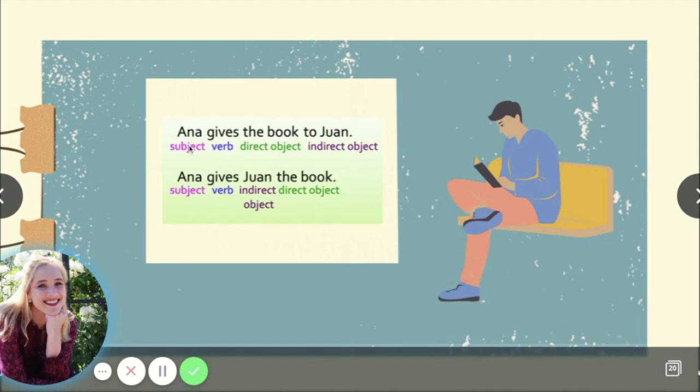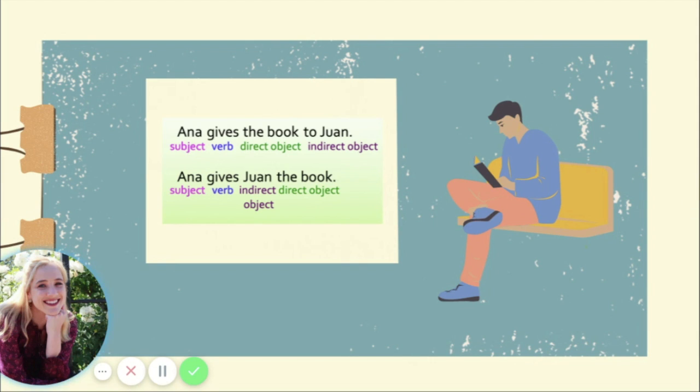She's the person doing the verb. She's the one doing the giving. Then we have the direct object. What is being given? The book. Okay, and then to whom or for whom? Well, to Juan. So Juan is our indirect object. Okay, Anna gives the book to Juan. Juan is our indirect object.